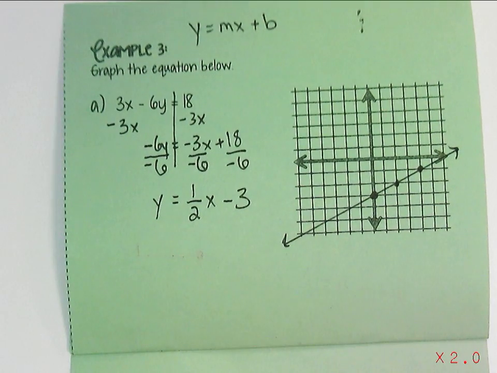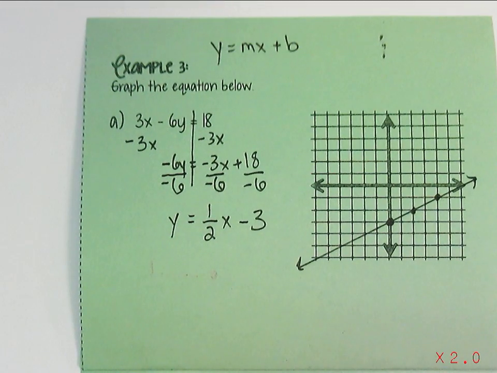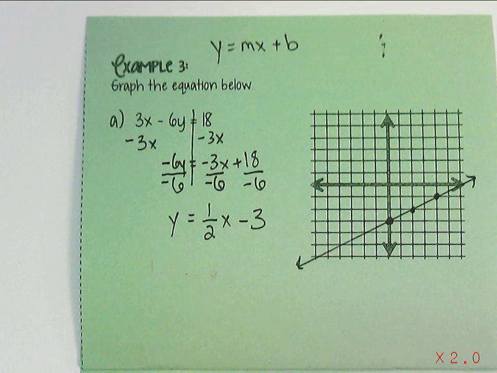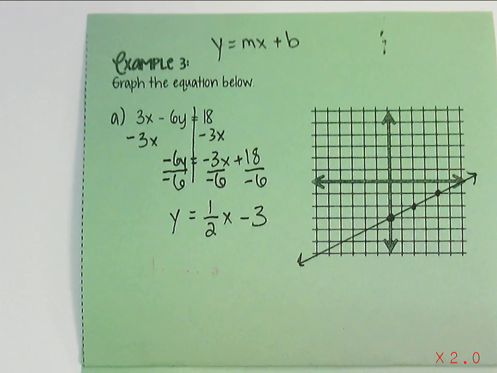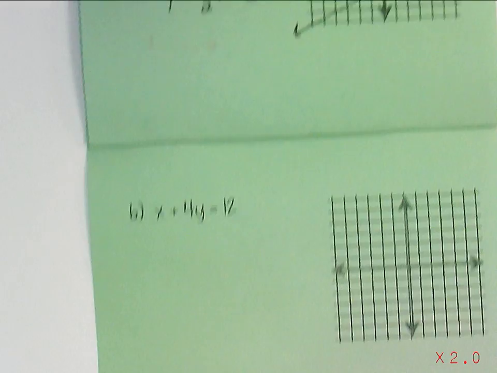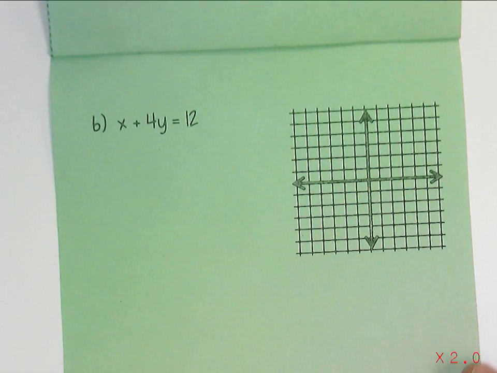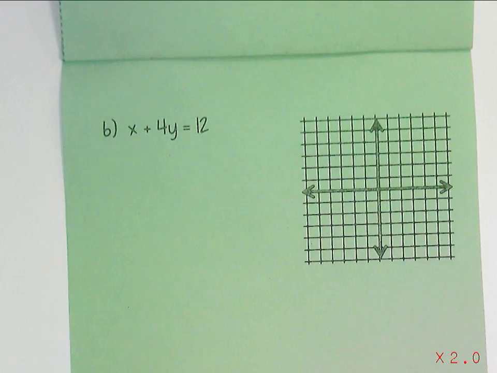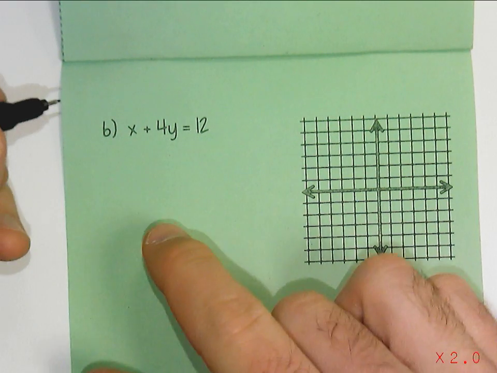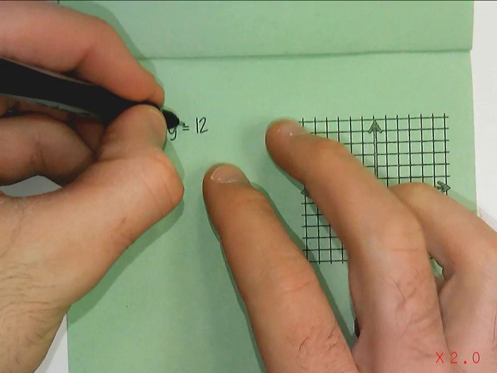So this is a problem where you have to combine a little bit of algebra as well as graphing. Go ahead and pause the video and give B a try. I'll go through it, but definitely give it an attempt and then see if you did the same things that I did.